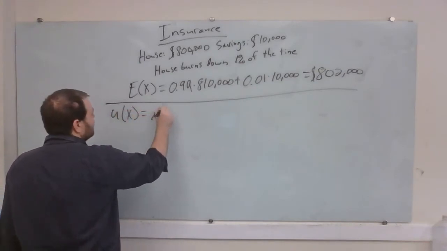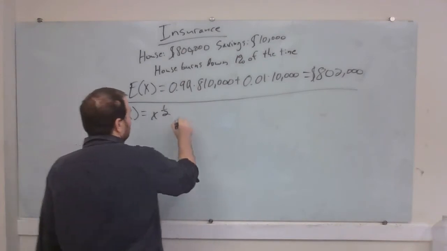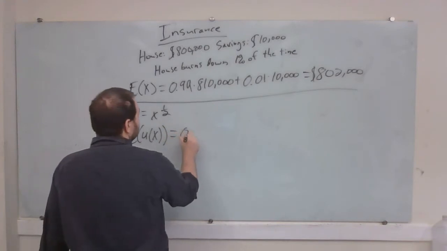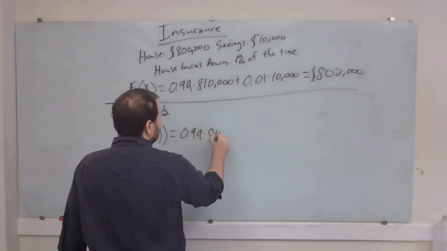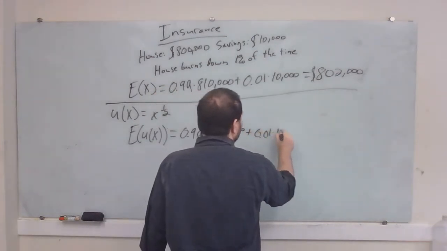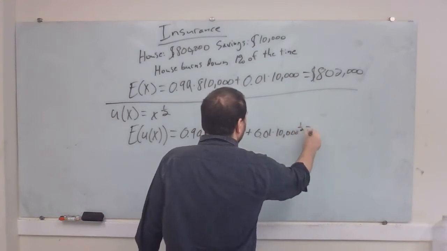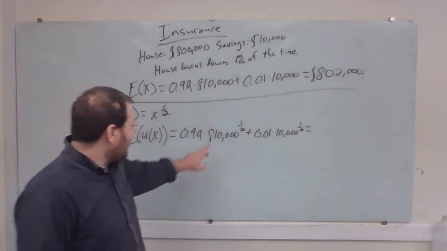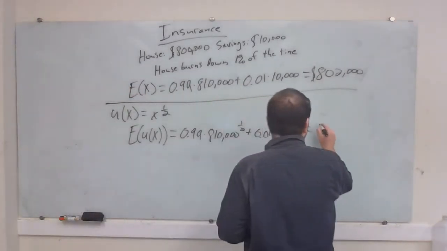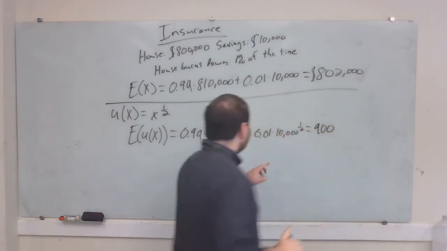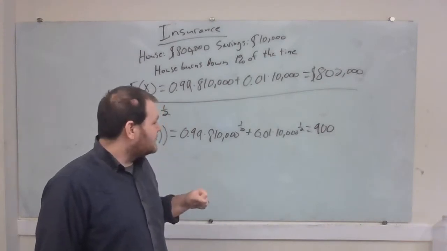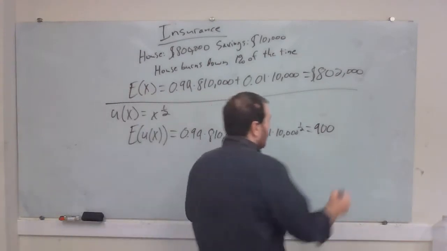If you have x, something like x to the 1/2, then your expected utility would be 0.99 times 810,000 to the 1/2 plus 0.01 times 10,000 to the 1/2. 810,000 is 81 times 10,000, so the square root of that is going to be 900. 10,000 to the 1/2 is going to be 100.